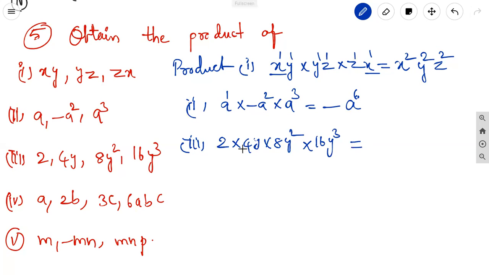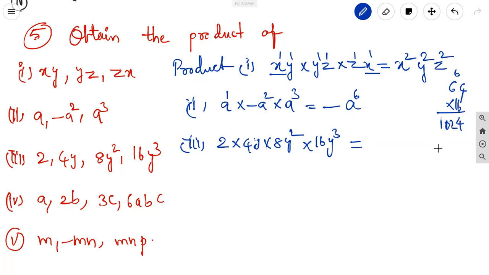It is equal to 2 4s are 8, 8 8s are 64. 64 into 16. 16 4s are 64. 6 is carry. 6 6s are 36, 96. 16 6s are 96 plus 6. 102.